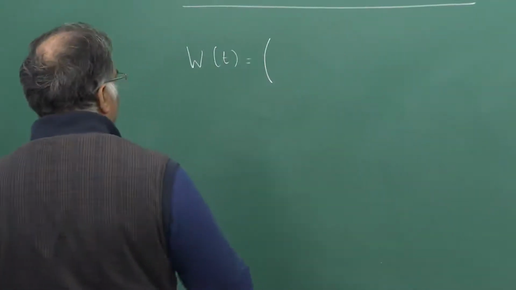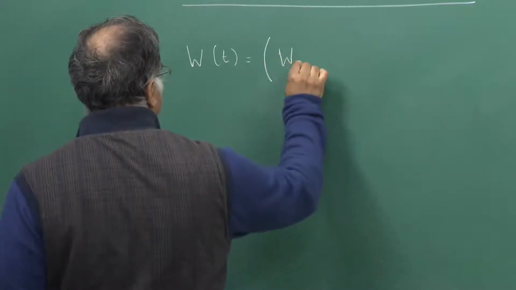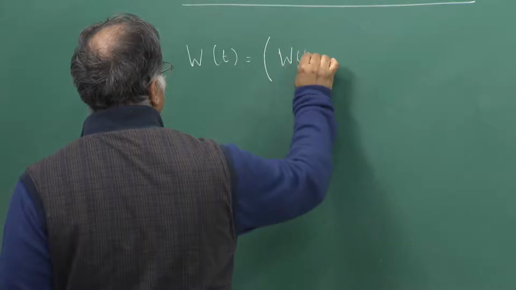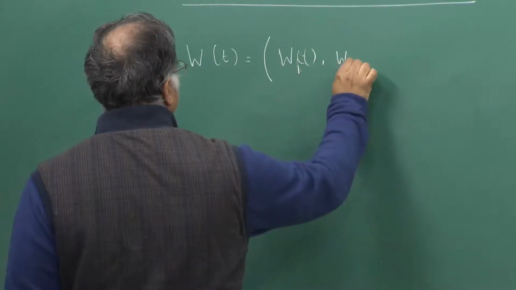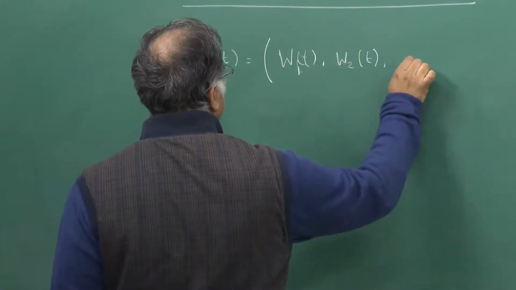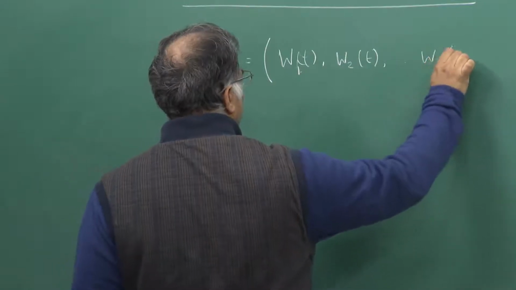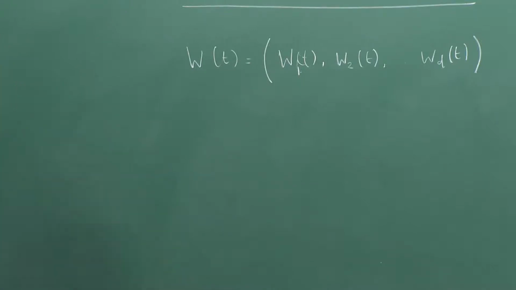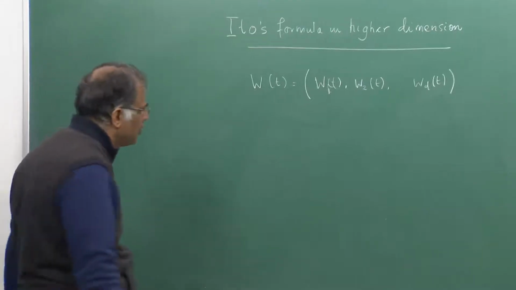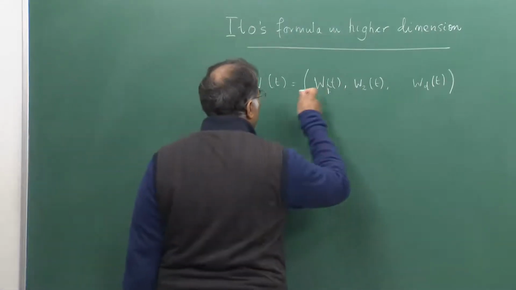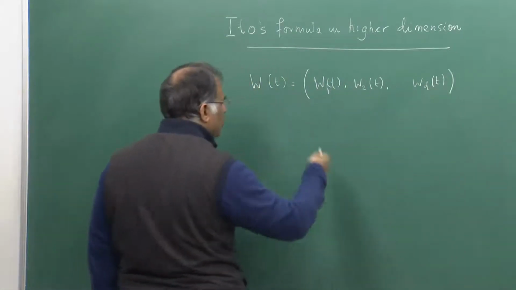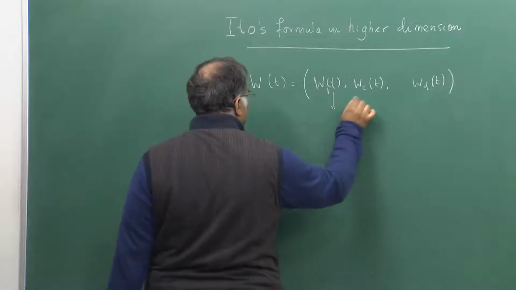So, this is what we are going to talk about: W1t, W2t. So, it is a d-dimensional vector if you assume at every time t. This is a higher dimensional Brownian process or Brownian motion, consisting of d components of Brownian motion, where each of them are random variables.